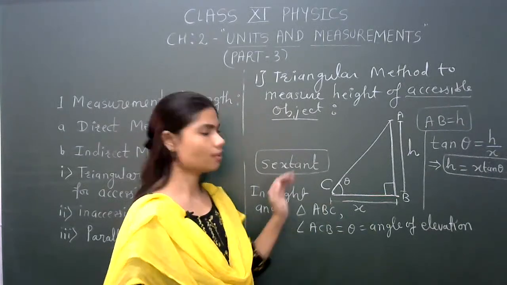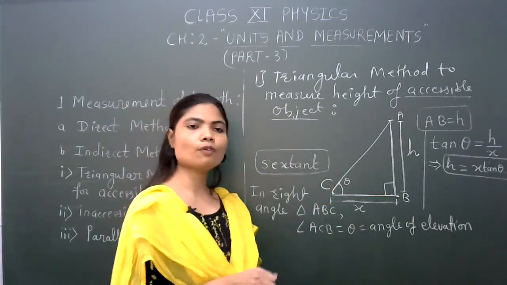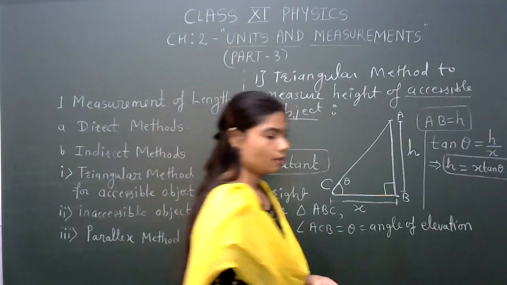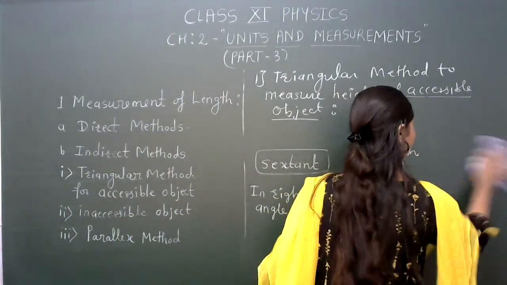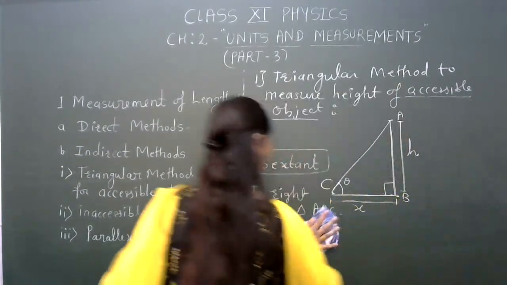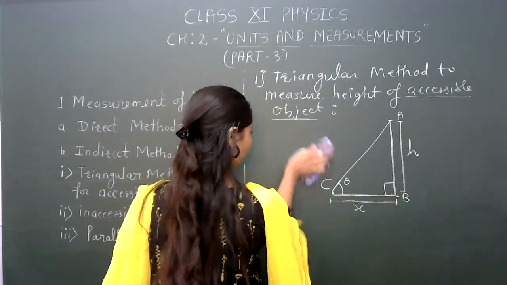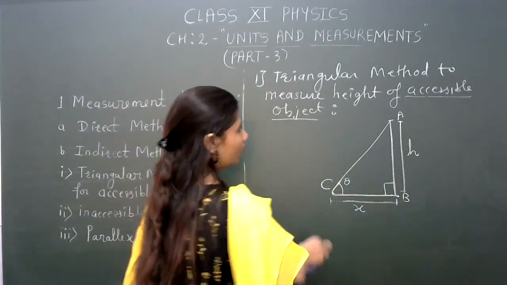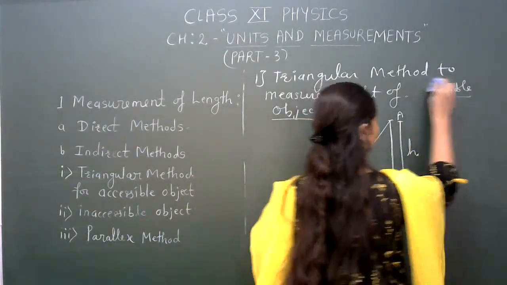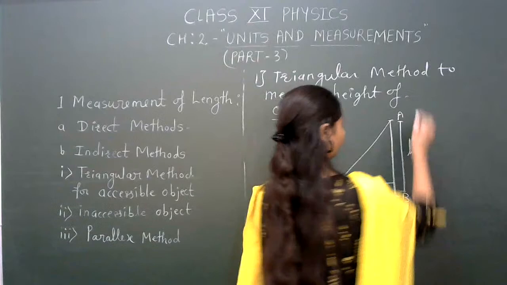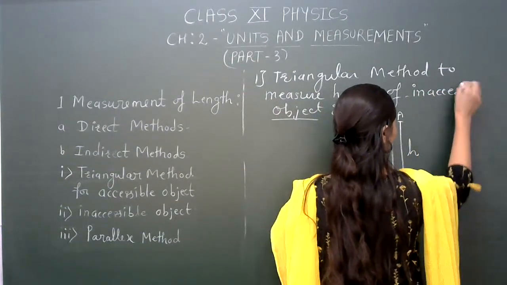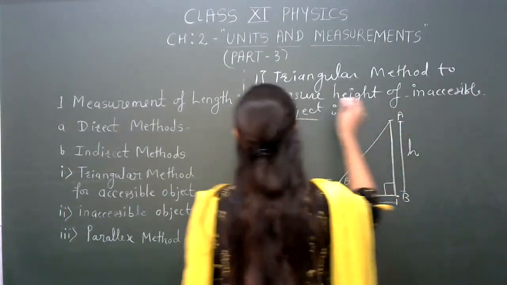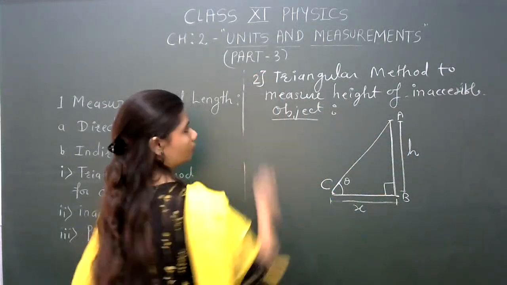We will add a condition and we will get our equation or mathematical form again for this inaccessible object. So I will just add the word here, inaccessible. And this is our second method.